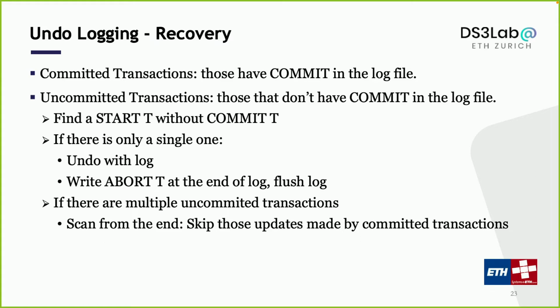Every single time you see an old value of something that's being updated by the transaction T, you revert the value of the objects to the old value. That is, undo the changes of the transaction. You keep doing this, and then once you have undone all of the transactions that you want to undo, you write abort T at the end of the log, and then you flush the log, then you are done.